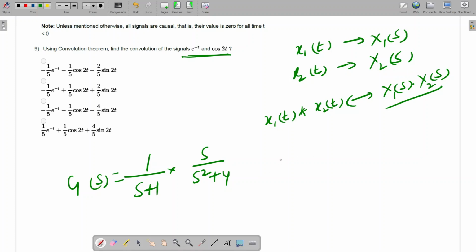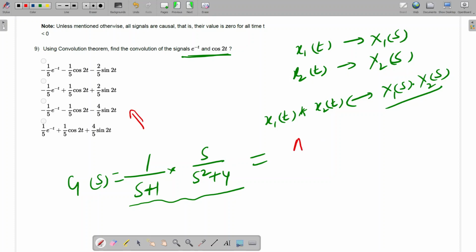How can we factorize this? The factors are s plus 2i and s minus 2i. Directly we can do it from this, but the rule is how we factorize.